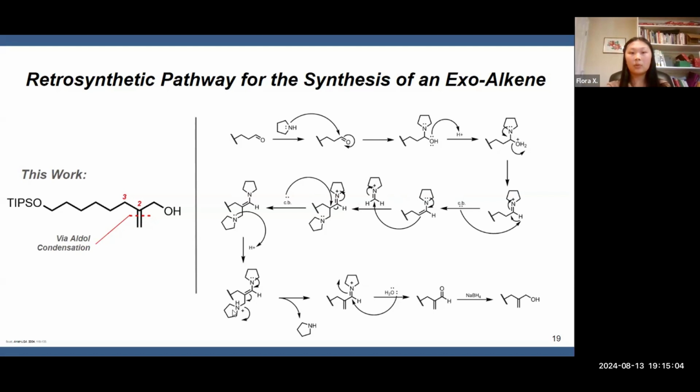Followed by that, pyrrolidine leaves, and then hydrolysis causes the other pyrrolidine to leave, which forms this alpha-beta unsaturated aldehyde, which then through reduction conditions, we can form the desired alcohol.